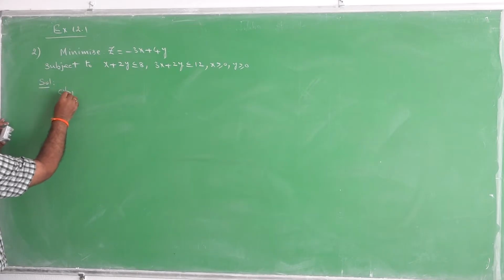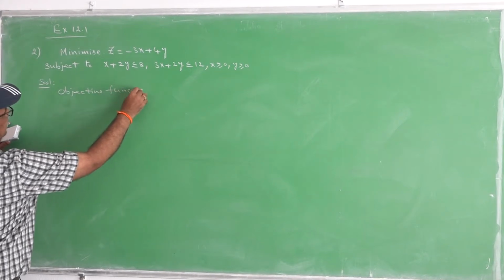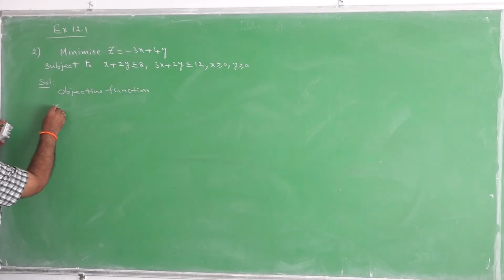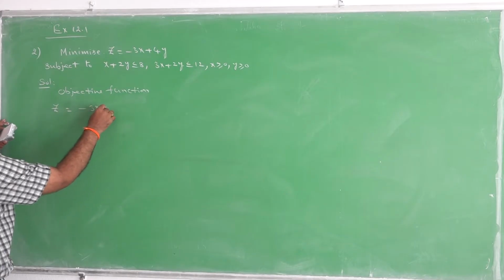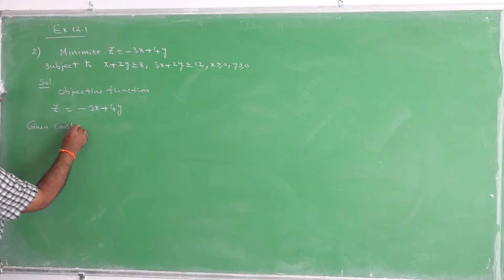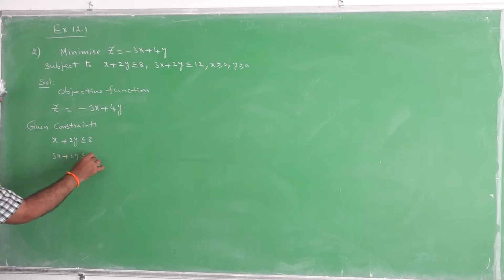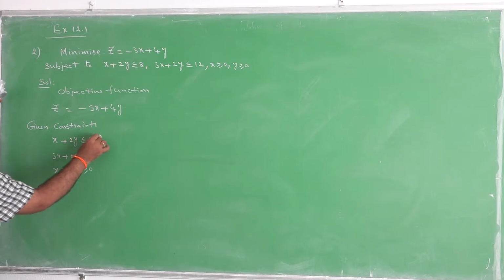Here the objective function is z equal to minus 3x plus 4y. The given constraints are x plus 2y less than or equal to 8, 3x plus 2y less than or equal to 12. Moreover, x greater than or equal to 0, y greater than or equal to 0.